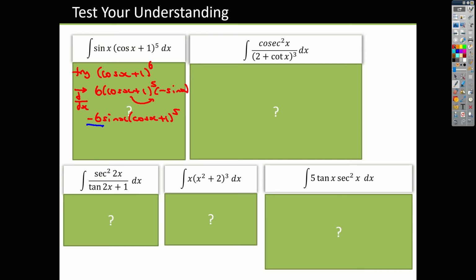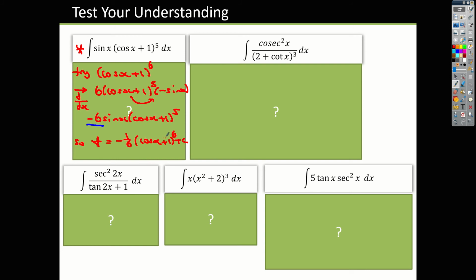So to adjust, we're going to divide by this minus 6, and that's going to cancel it away. So my integral, let's star this so I can refer back to it. So the integral is, in fact, minus a 6th times cos x plus 1 to the 6, and then plus c. There we go. Okay, so that's one of these done.